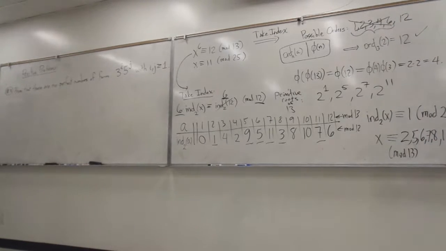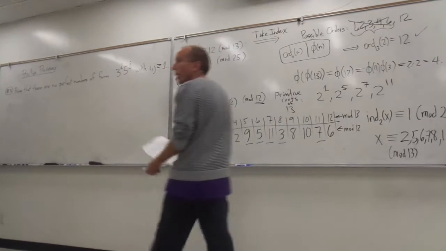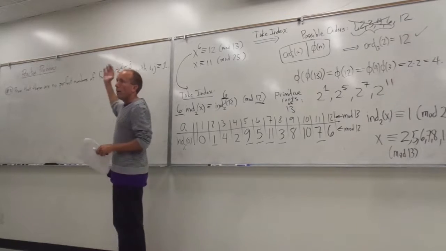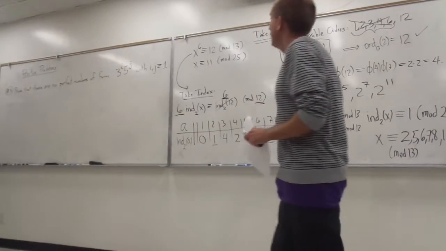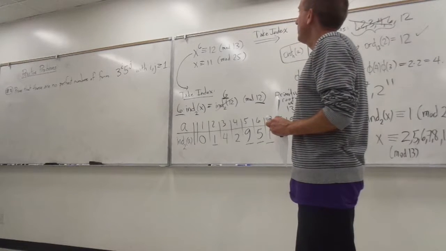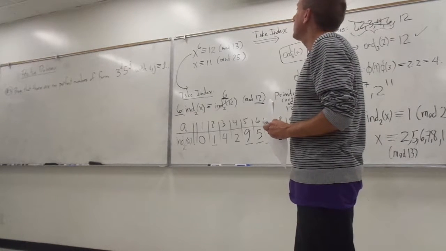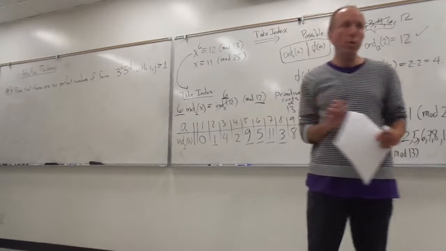You can obviously, if either i or j is 0, then that would... Well, let's prove that there are no perfect numbers of this one specifically.